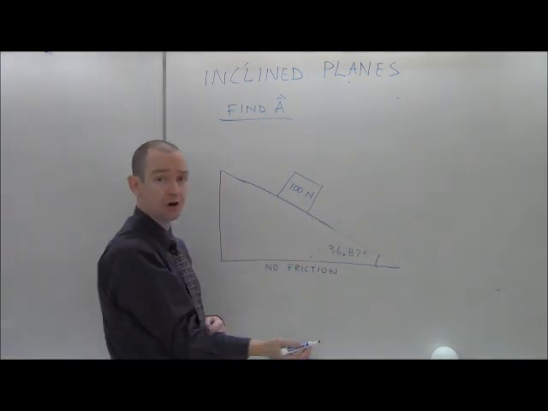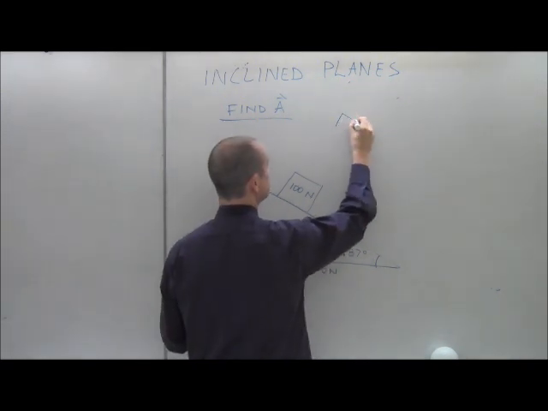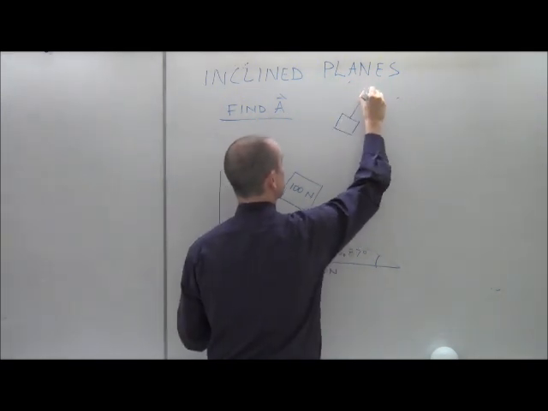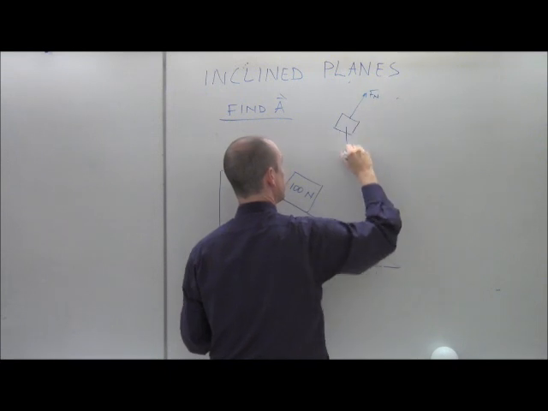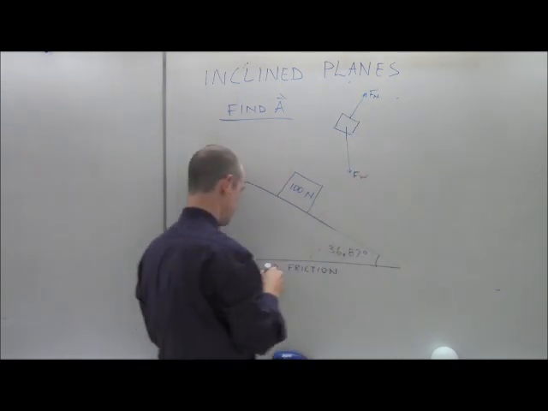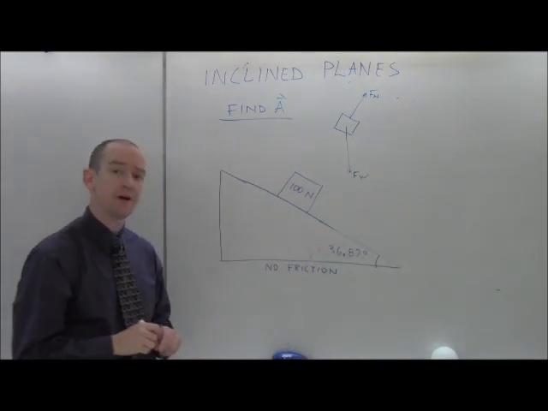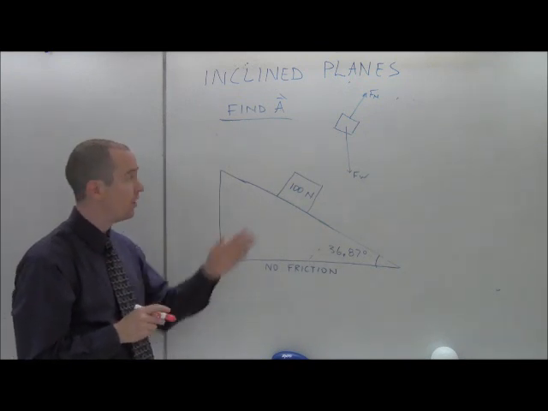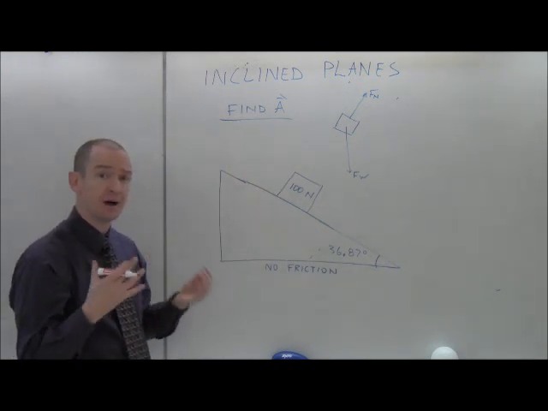First thing I do is I draw a free body diagram. I often find it convenient to draw my axes on a diagram like this in order to remind me of what I'm doing.